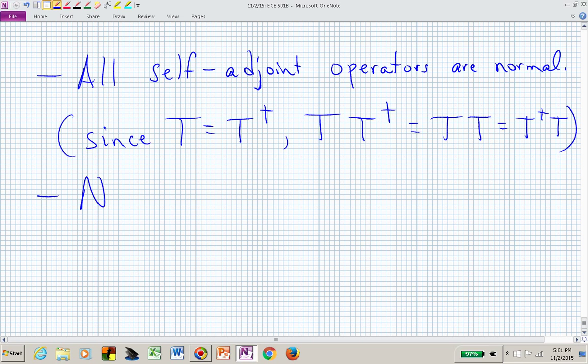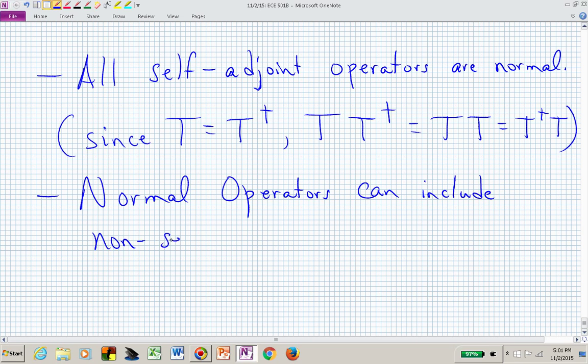The other direction is not necessarily true, though. Normal operators can in fact include non-self-adjoint operators.